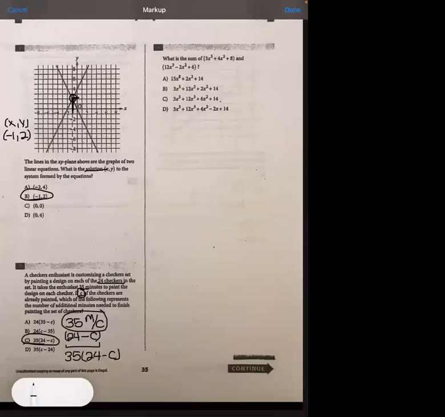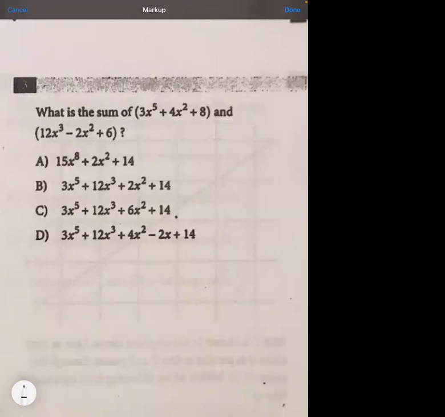For this question, we're just trying to find the sum of these two values. A sum is an indication of addition. Because it's addition, we can leave all the signs within the parentheses the same.